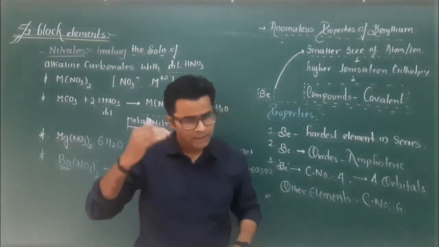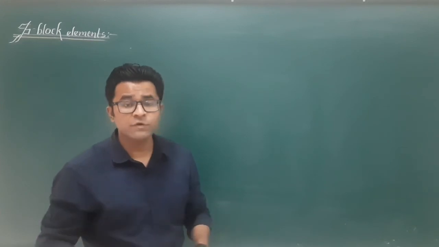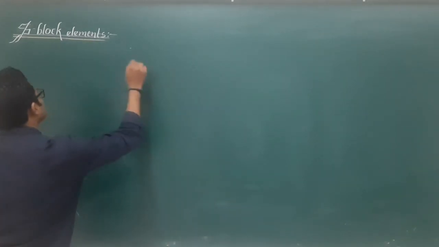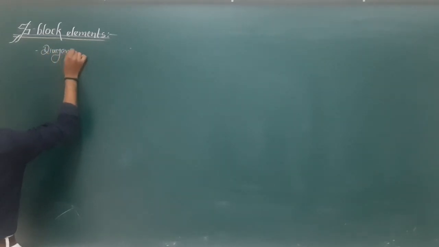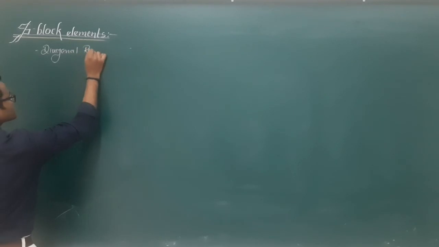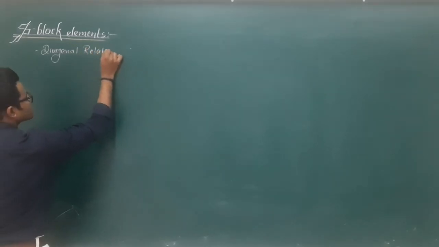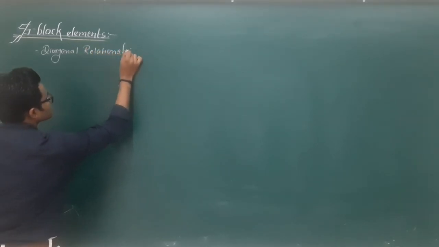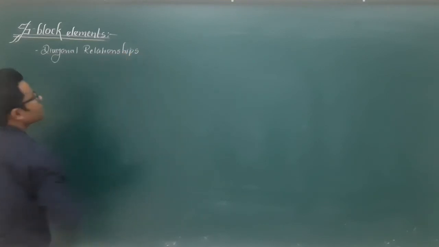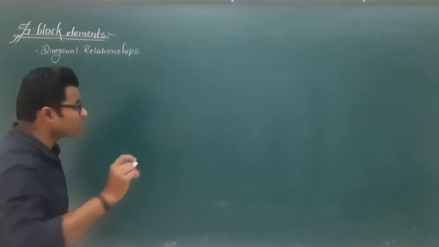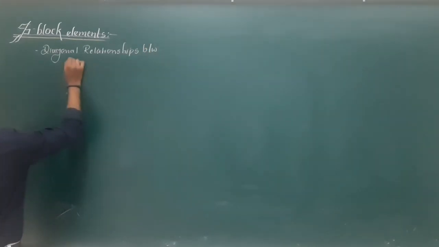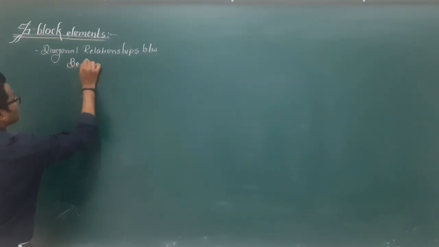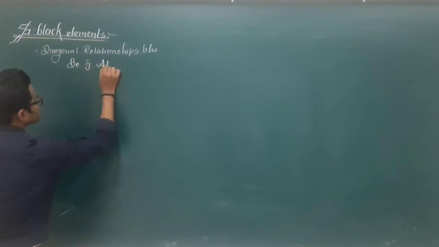Let's observe the last section for today, and that is the diagonal relationships. There is a diagonal relationship between beryllium and aluminium.